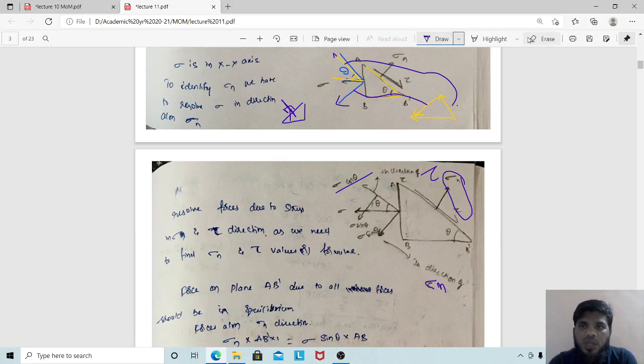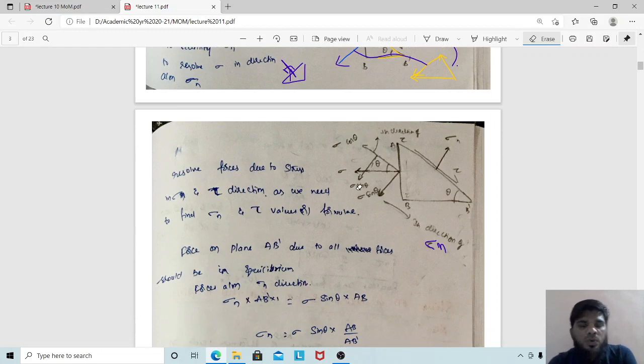I will try to erase all these things so that you can understand clearly. I have drawn with pencils much more clearly. So if you see, sigma n and sigma sin theta are opposite to one another. Tau and sigma cos theta are opposite to one another. So you cannot equilibrate the stresses; you can only equilibrate with respect to areas. What is the relationship between stress and area?